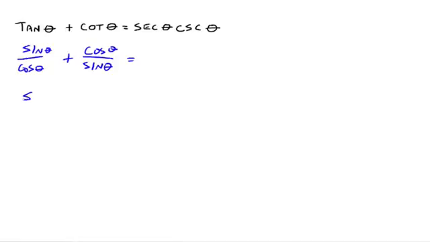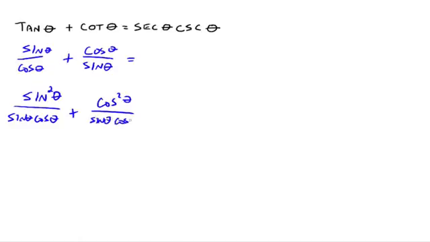When we do that, we get sine squared theta over sine theta cosine theta plus cosine squared theta over sine theta cosine theta. Then we have the same denominator. So we can say sine squared theta plus cosine squared theta, all over sine theta cosine theta.